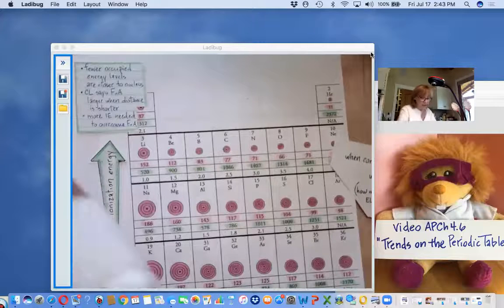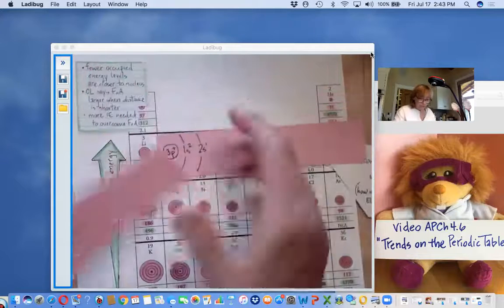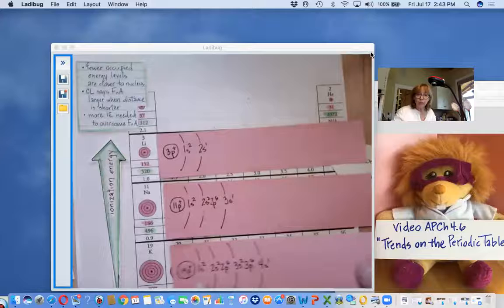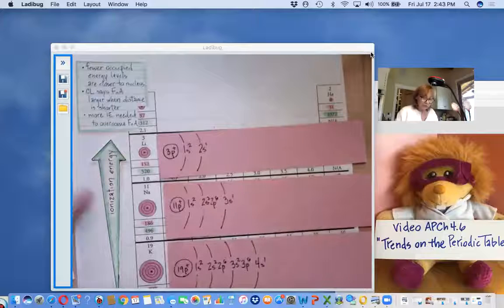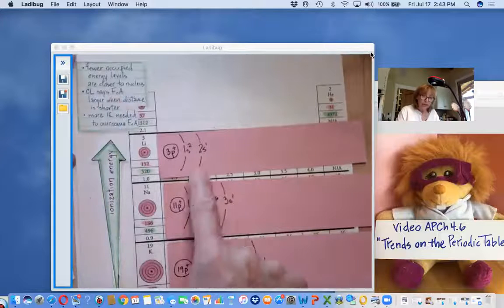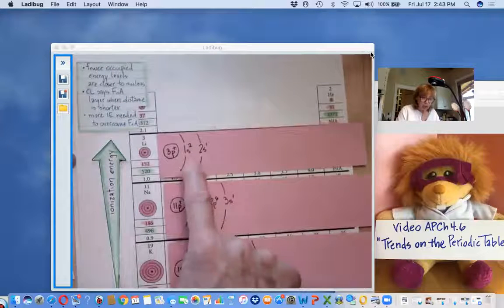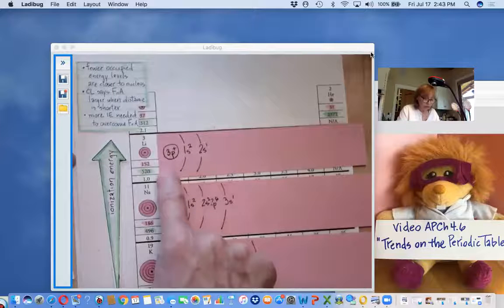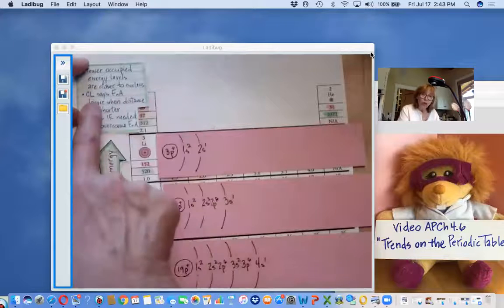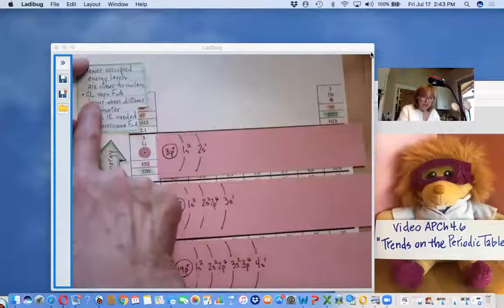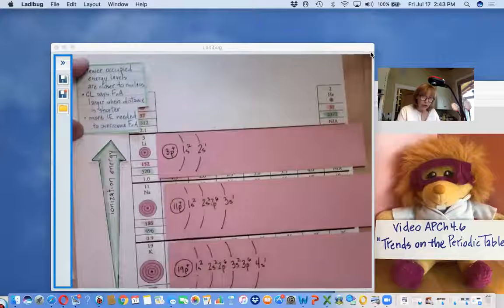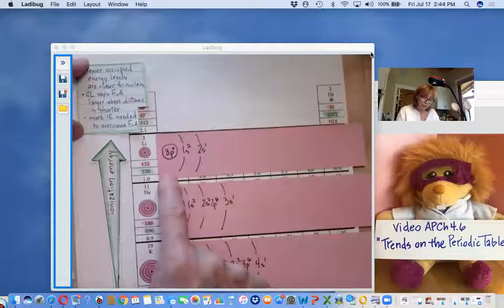Let's look again at lithium, sodium, and potassium. So toward the top of a group, you have fewer energy levels, which are therefore closer to the nucleus. And Coulomb's law says that force of attraction is larger when distance is shorter.